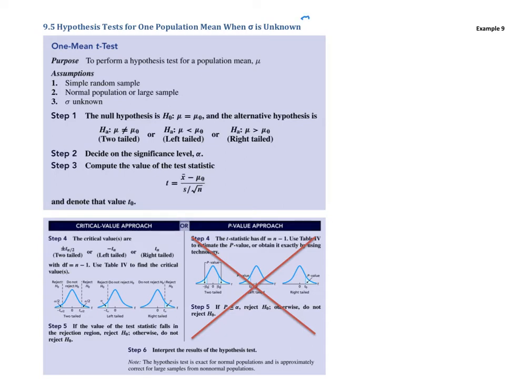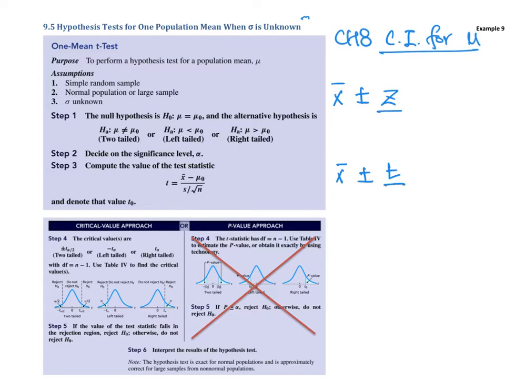In chapter 8, we had two kinds of confidence intervals for the unknown population mean. One was using the z, and the other one was using the t. At the beginning, we plug the point estimate in both, plus and minus the critical value, the z-score or the t-score.